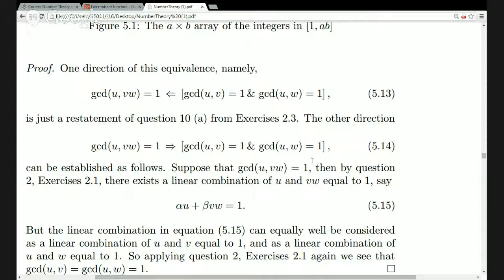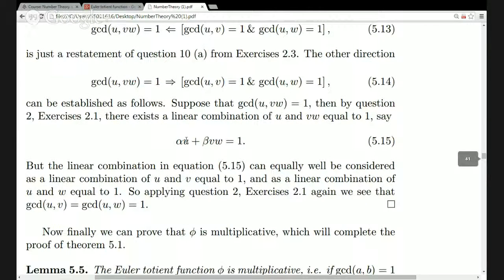Suppose u is coprime to the product v times w. Then by an earlier exercise, we've seen that that's the same as saying that there's a linear combination of u and v times w that is equal to 1. So there it is. There's some linear combination of u and v times w that's equal to 1. But that same linear combination can equally well be viewed as a linear combination of u and v, or as a linear combination of u and w equal to 1. So it fulfills many roles.